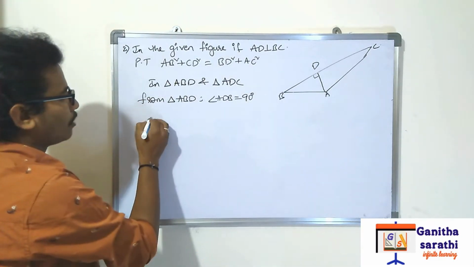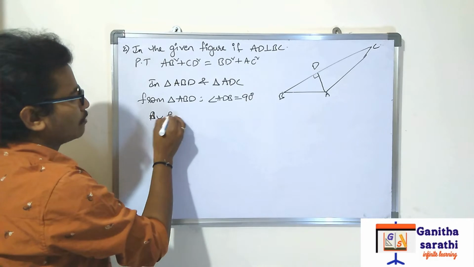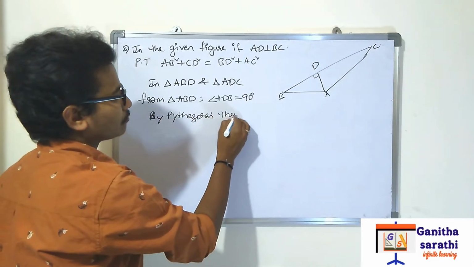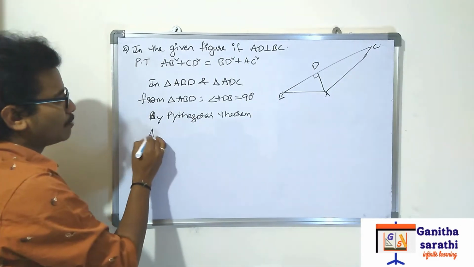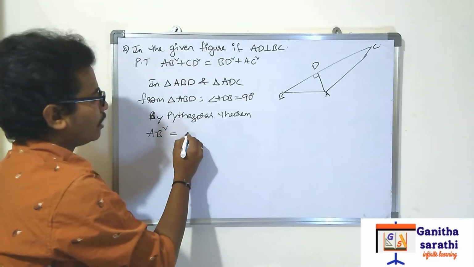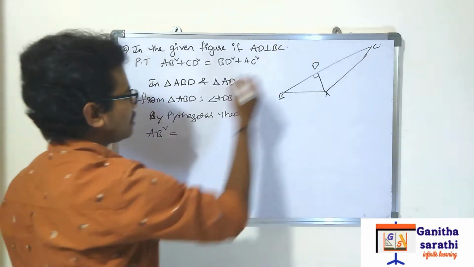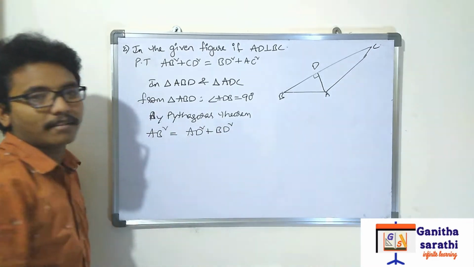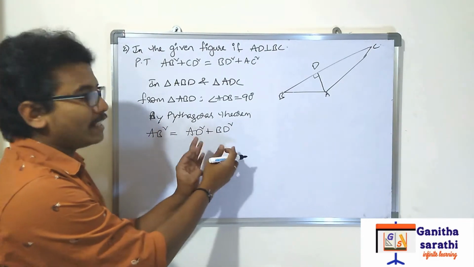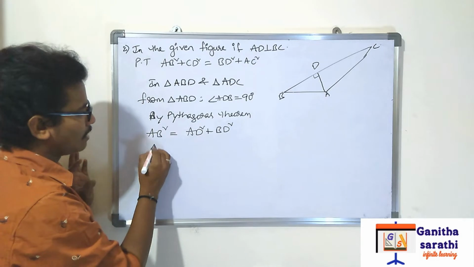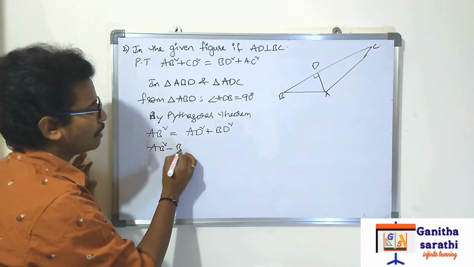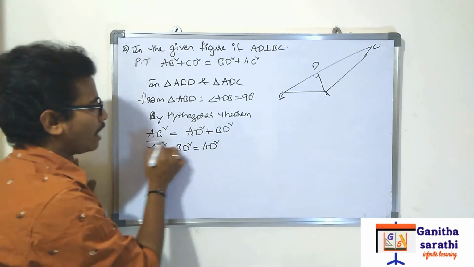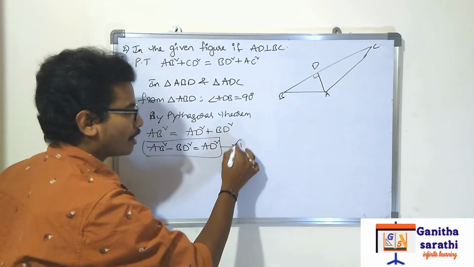By Pythagoras theorem, AB square is equal to AD square plus BD square. Now make this plus BD square to the left hand side, means AB square minus BD square is equal to AD square. Take it as equation number 1.